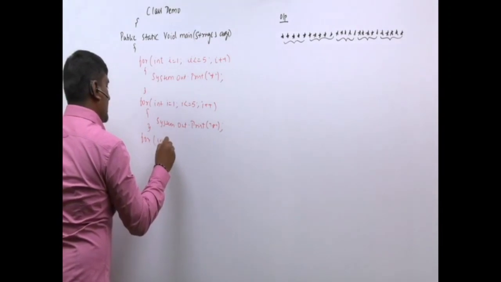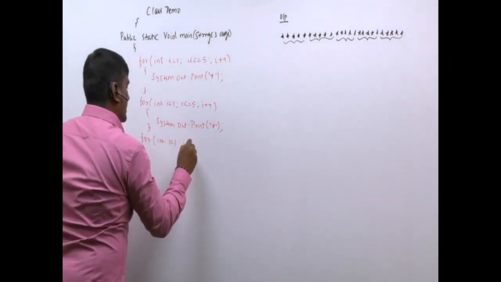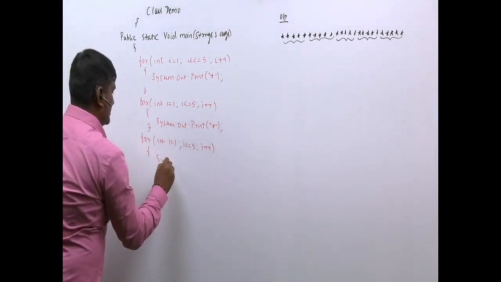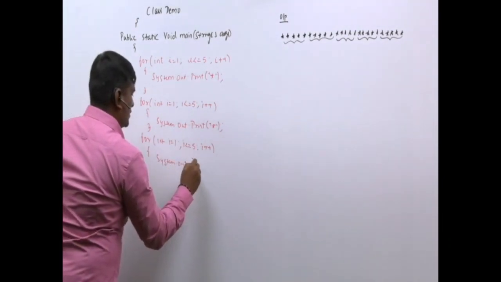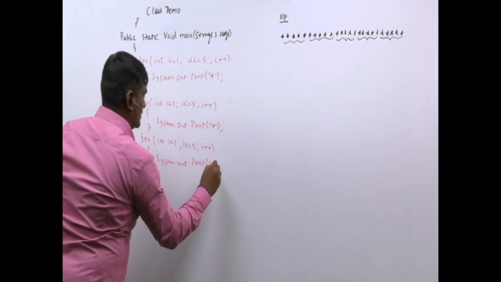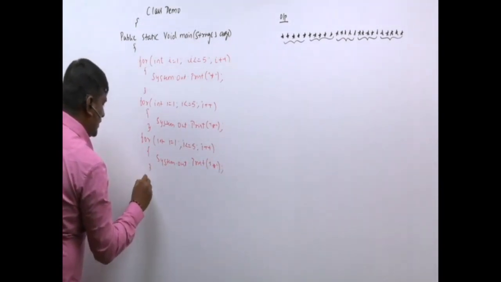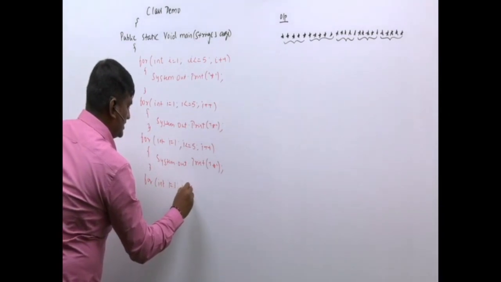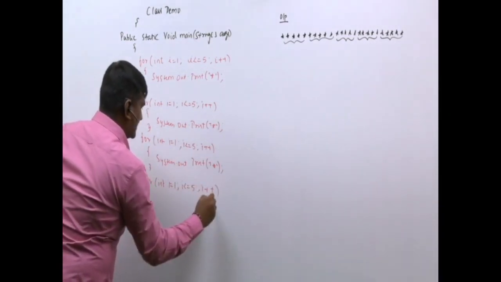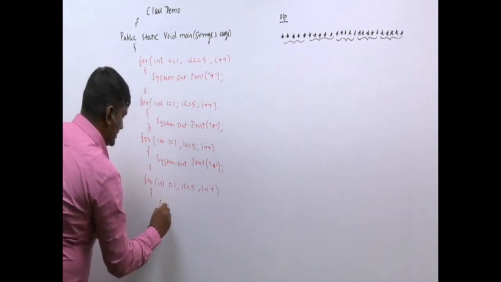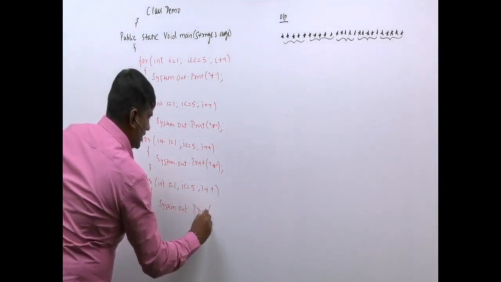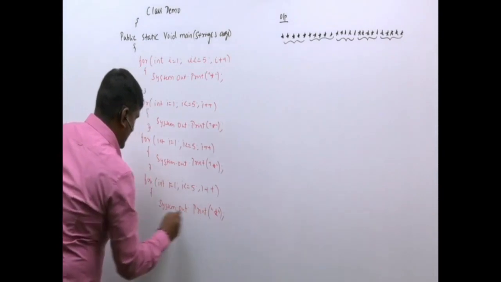For int i equal to 1, i less than or equal to 5, i plus plus. Inside this, system.out.print. Next, for int i equal to 1, i less than or equal to 5, i plus plus. Inside this again, system.out.print star.